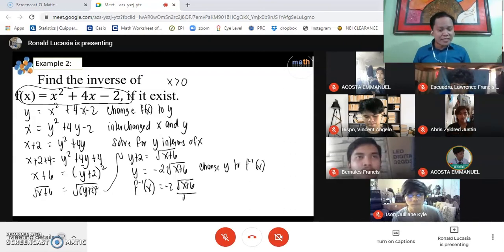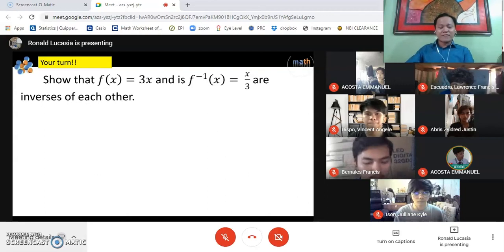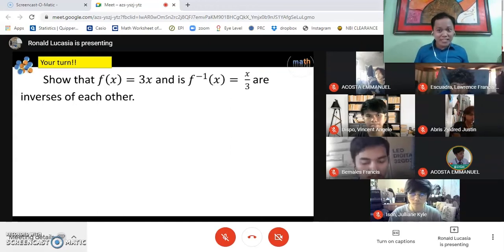Okay? Now, it's your turn. I want you to show that f of x is the inverse of f inverse of x equal to x over 3. Okay, I'll give you 15 seconds. Is it enough?